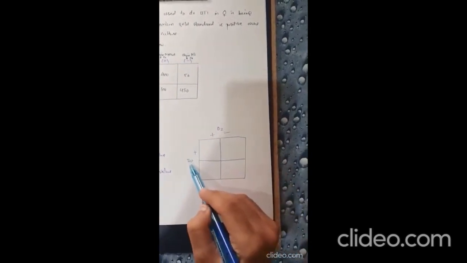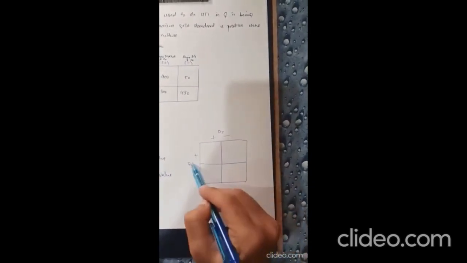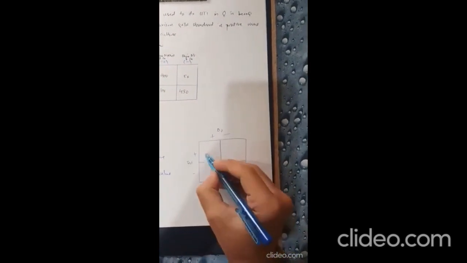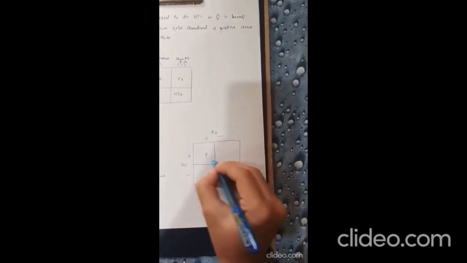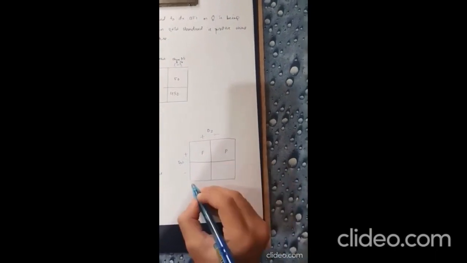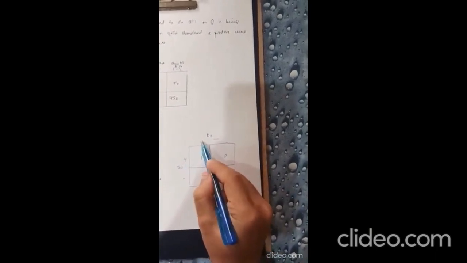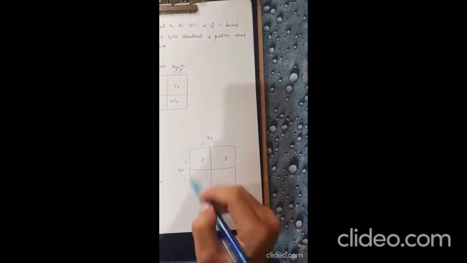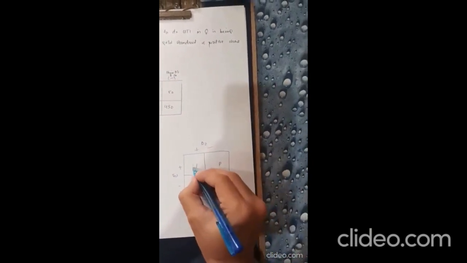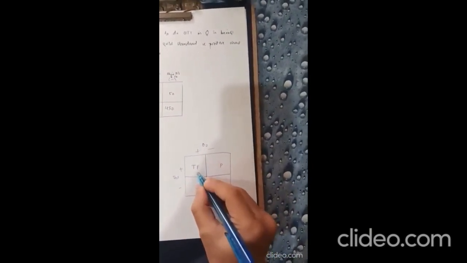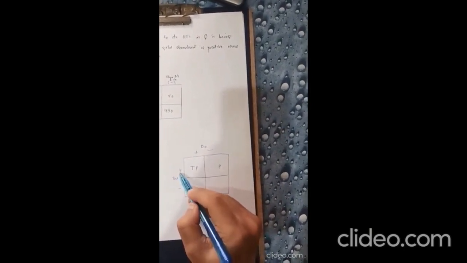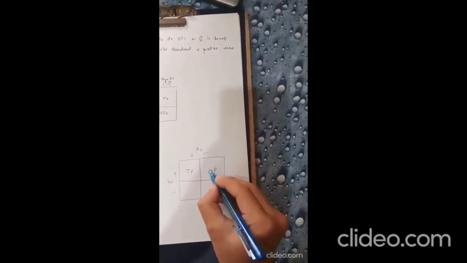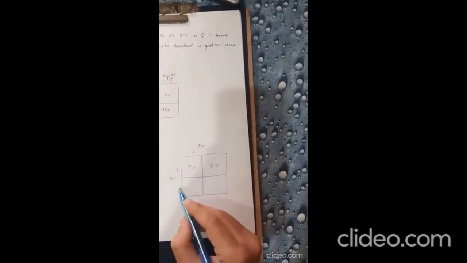So we label this table according to the test. If the test is positive, we write positive in all this row. Now if the test is positive and disease is positive in the testing population, then this is called a true positive test. If the test is positive but there is no disease, this is a false positive test.